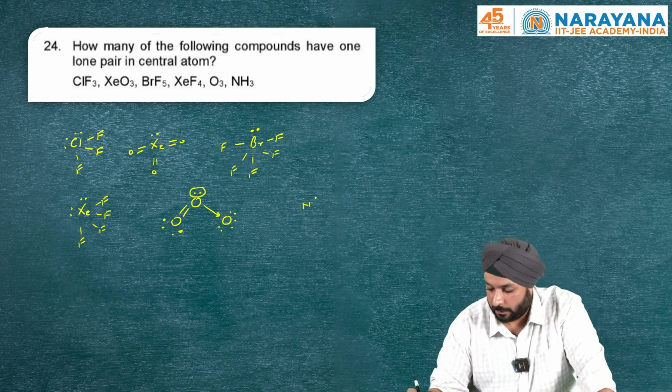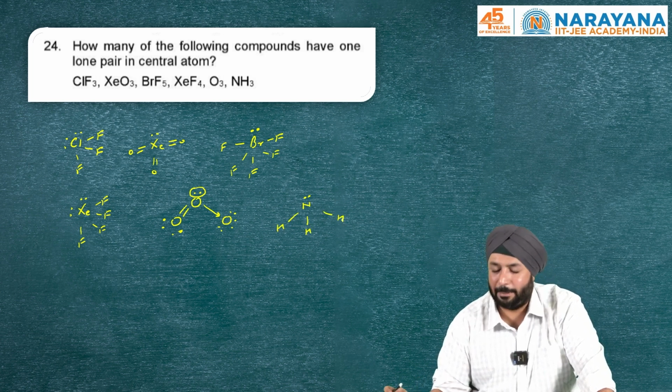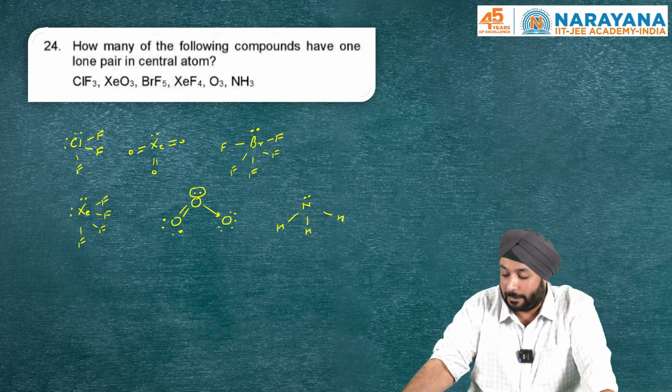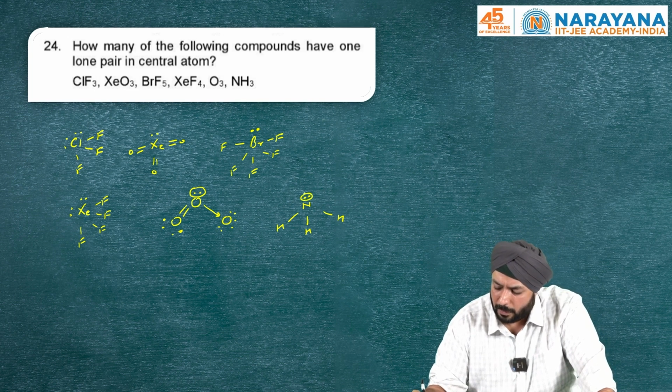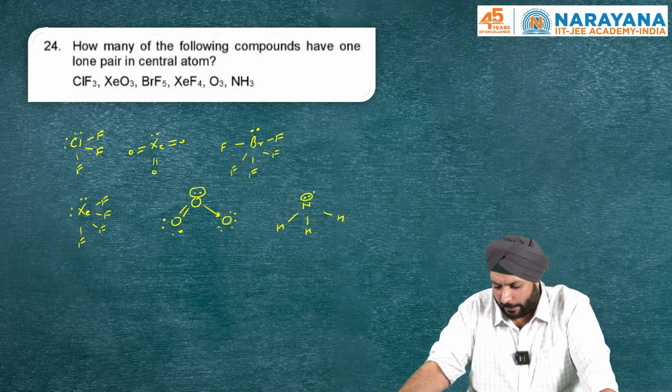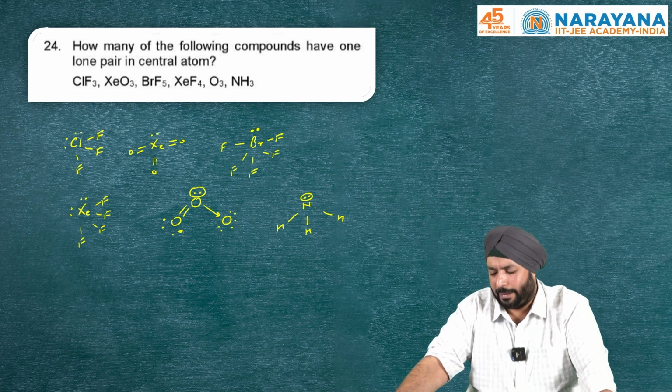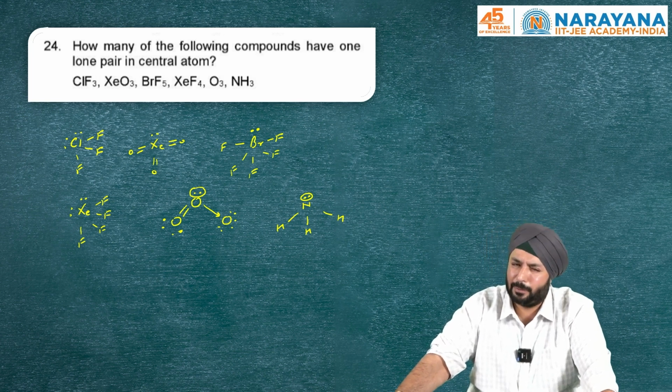Ammonia, the standard structure. Ozone and ammonia every student would have seen multiple times in the NCERT textbooks. So they know the actual structure of ammonia and ozone very well, so there might be no difficulty in attempting this question. Very peaceful question.